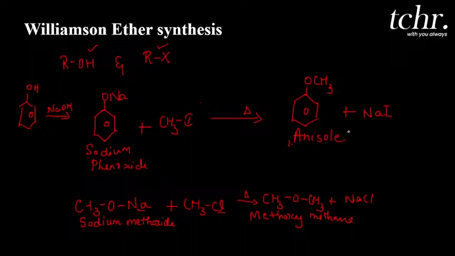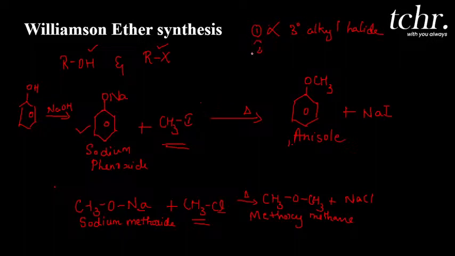Now, there are two criteria you have to keep in mind in the Williamson's ether synthesis reaction. The alkyl halide you take should not be a tertiary alkyl halide. You cannot carry out Williamson's ether synthesis using a tertiary alkyl halide.